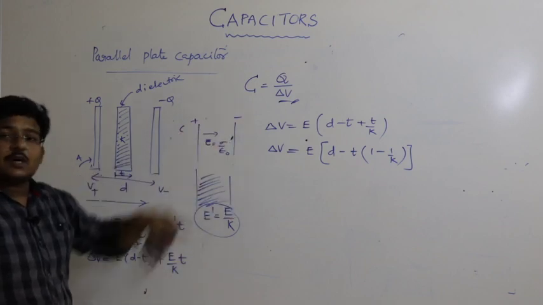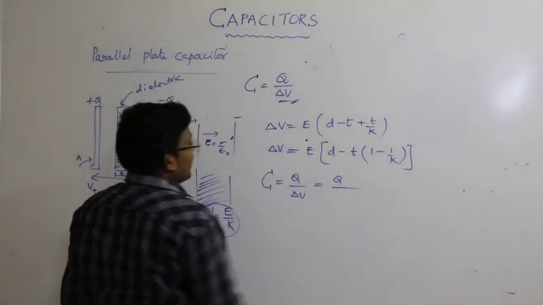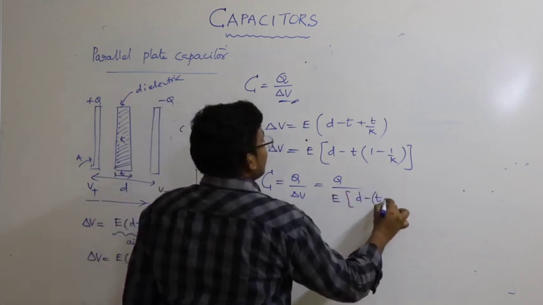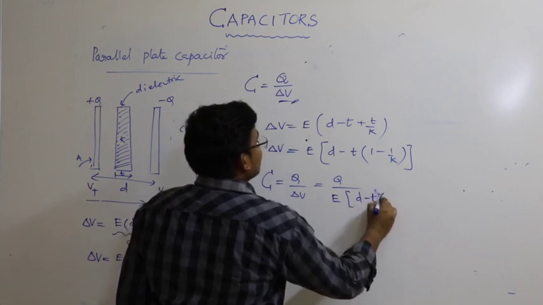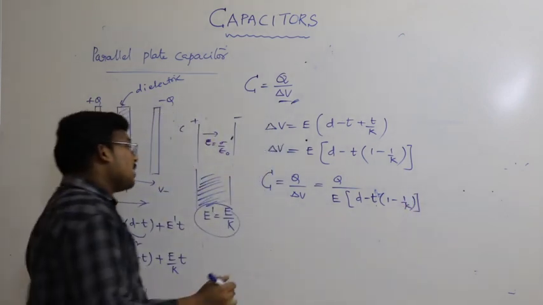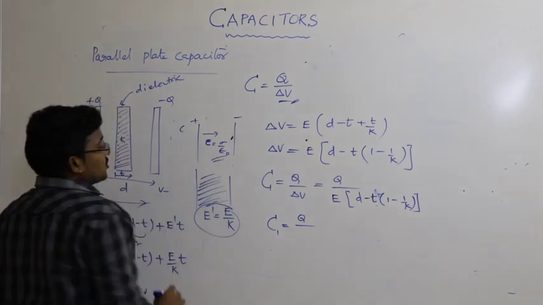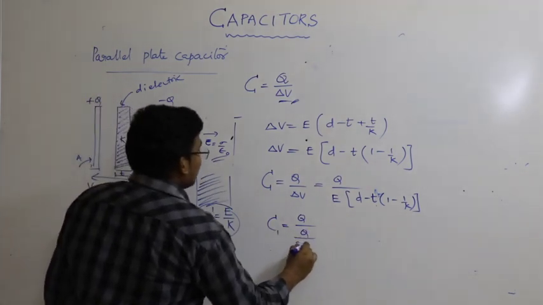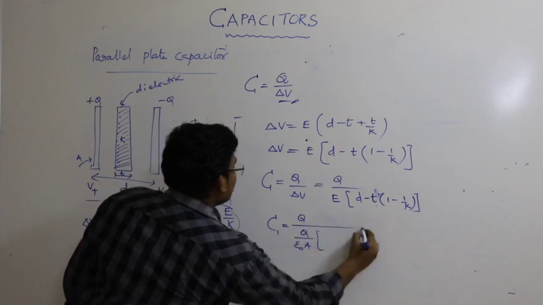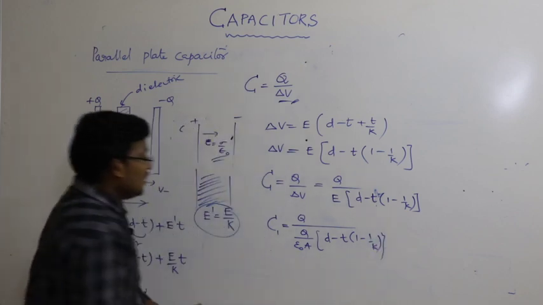Now that you have delta V, what is the capacitance formula? Capacitance C is equal to Q by delta V. So Q by delta V is E into D minus T into 1 minus 1 by K. But the E formula you already know, sigma by epsilon naught, which is also Q upon epsilon naught A. So Q cancels.